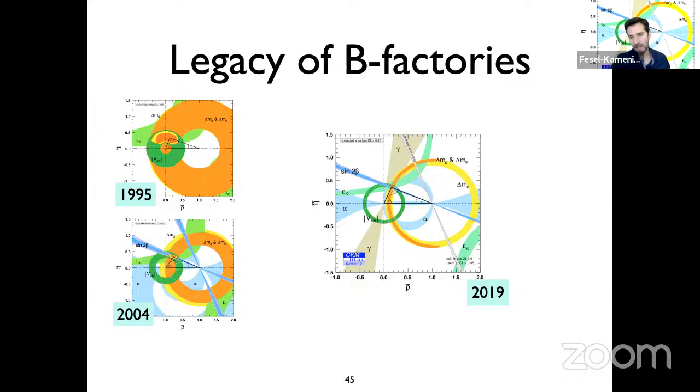And nowadays, with the full data set of the B factories, and including the recent LHCb measurements, especially of the gamma CKM angle, we see that already at present the determination of rho bar eta bar is very, very precise, and the measurements exhibit a good consistency, which is really important. So we don't see any sizable deviations in the measurements of flavor from the description given by the standard model, at least not when testing for unitarity of the CKM.